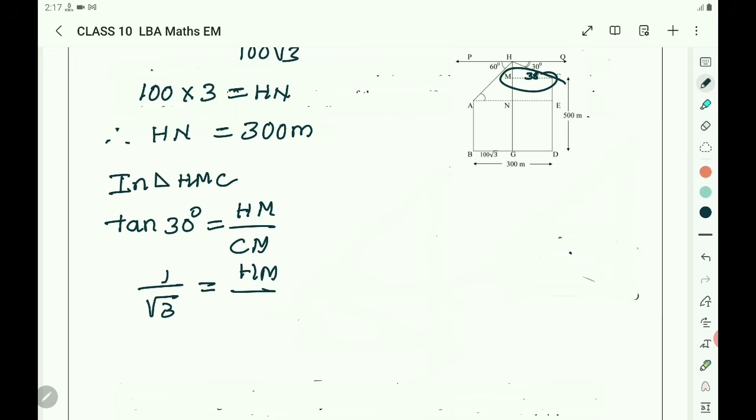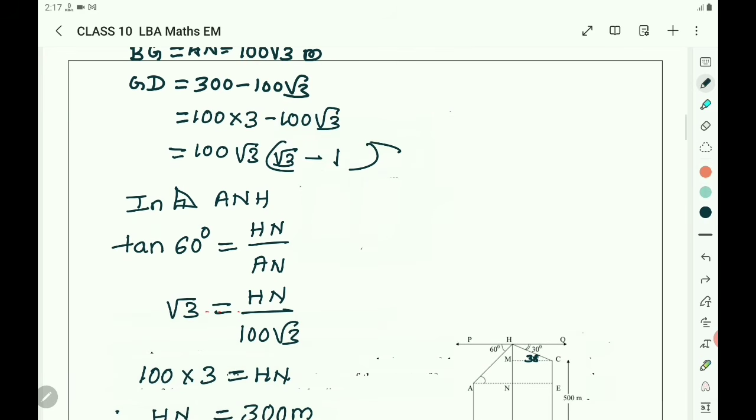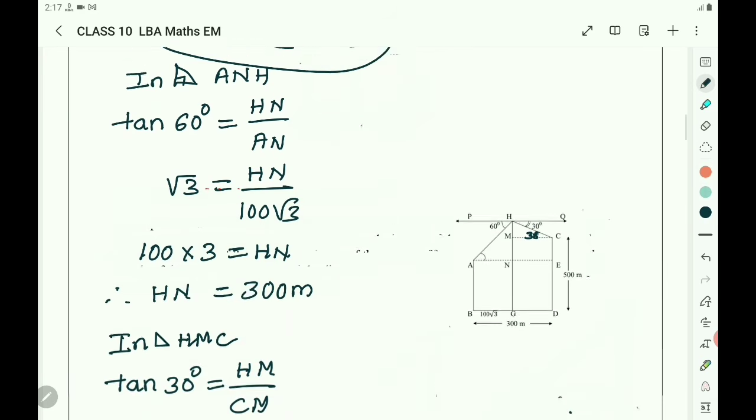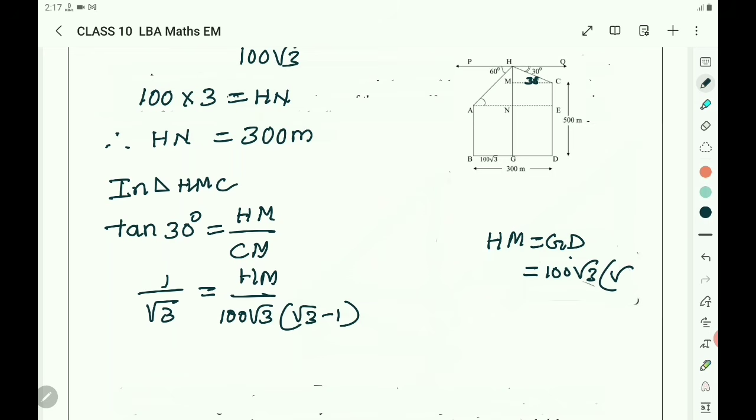HM is to be found out. Then CM is equal to GD. GD value we got is 100 root 3 into root 3 minus 1. Right? You write HM is equal to GD, which is equal to 100 root 3 into root 3 minus 1.